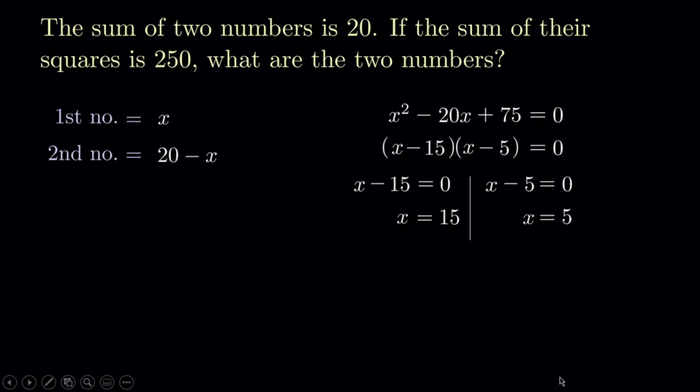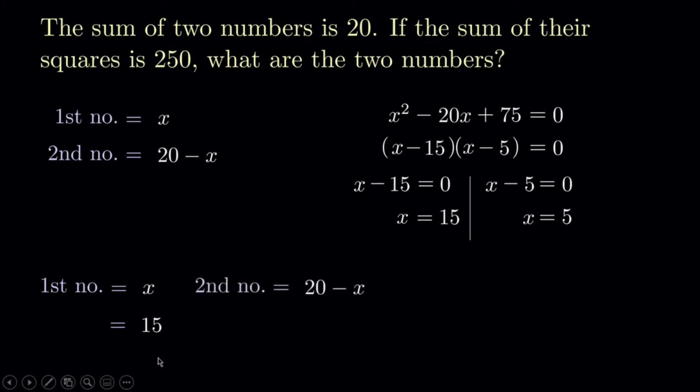So, we now have two choices for x. We will try both, 15 and 5. Okay? So, let's try for the first number, which is represented by the variable x. Let's use x equals 15. So the first number will be 15.